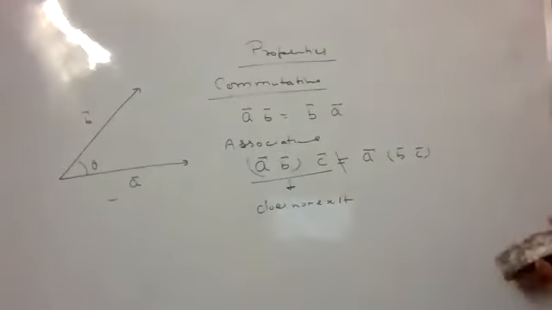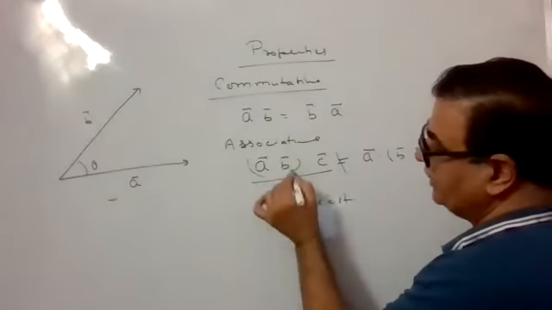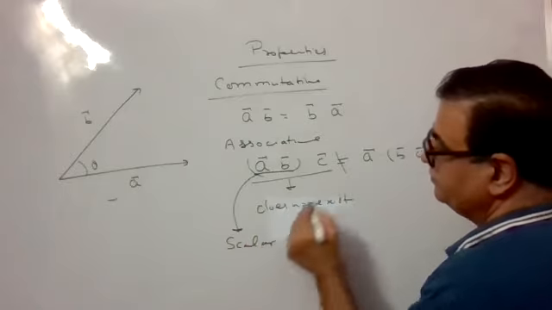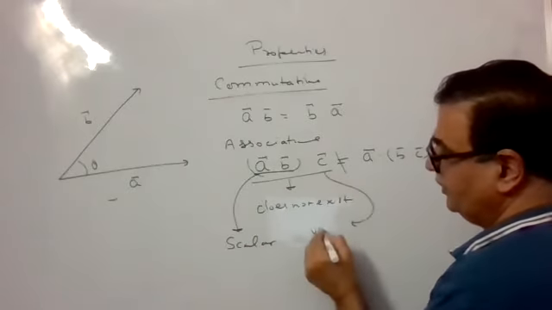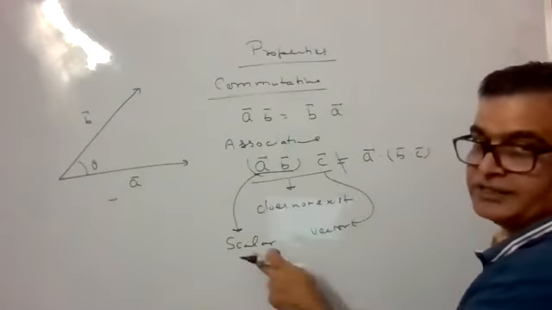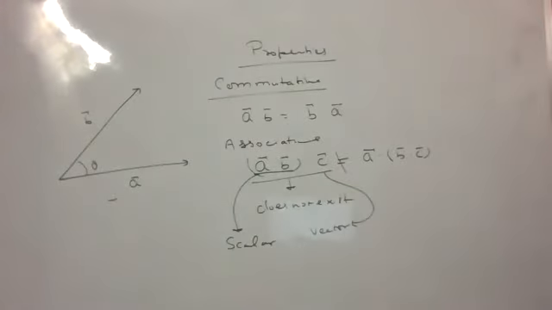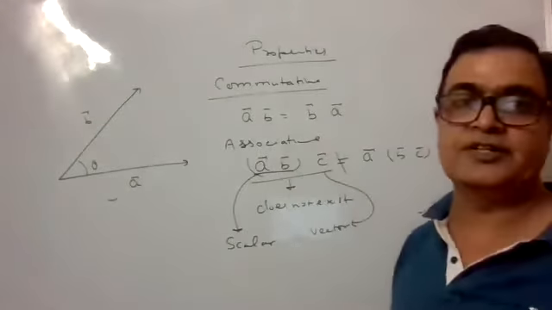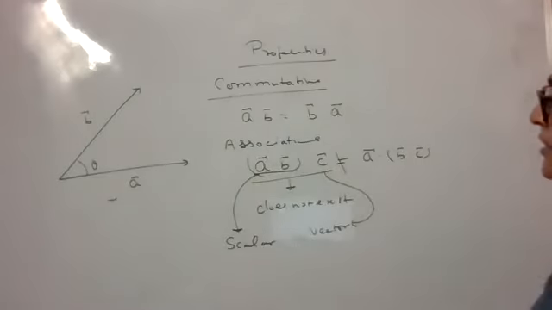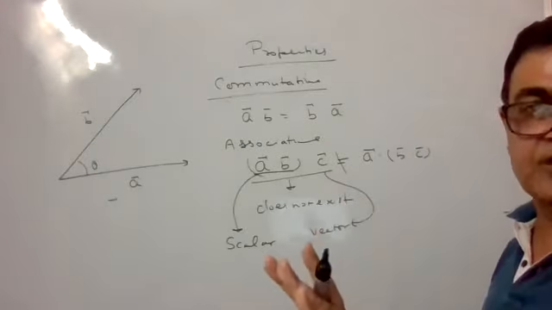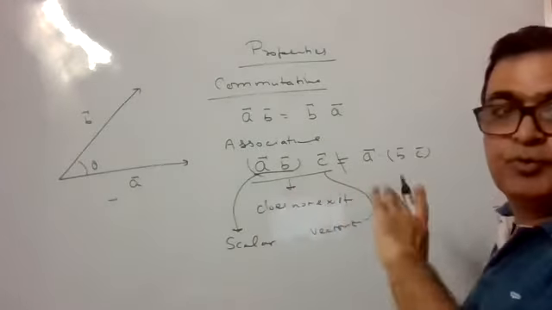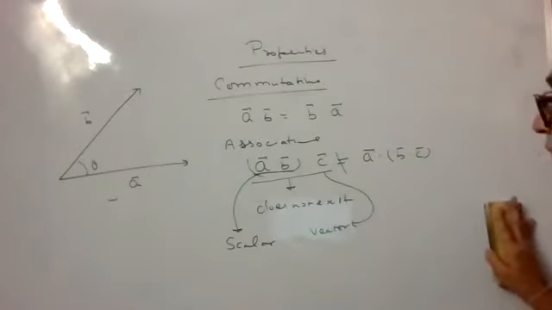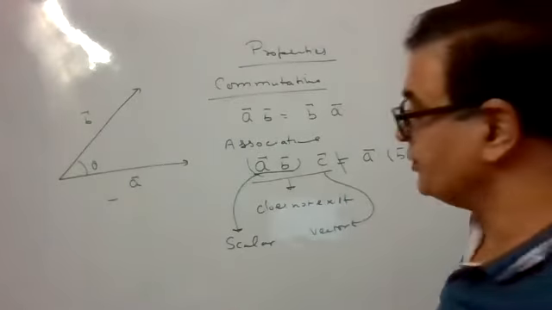This type of product is not possible because A dot B gives a scalar quantity and C is our vector quantity, and scalar and vector do not have a dot product. Dot product always comes between two vector quantities, so the associative property does not hold. Then the third thing which we have done was the distributive property.